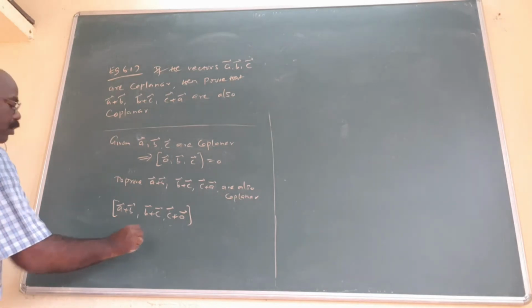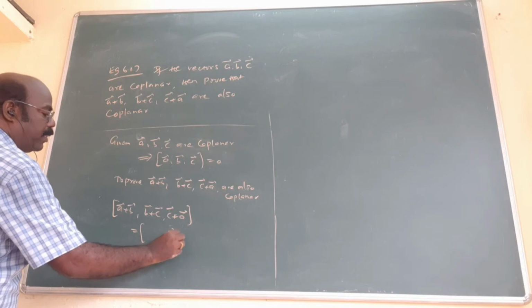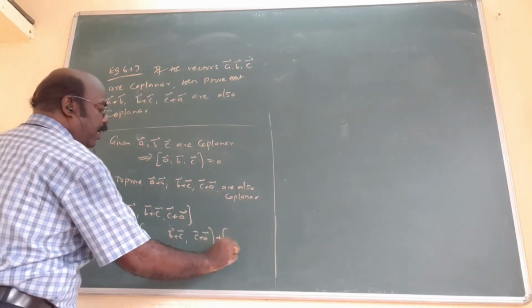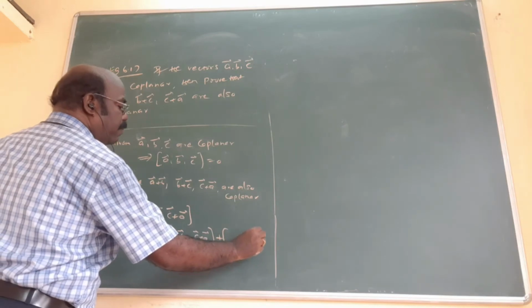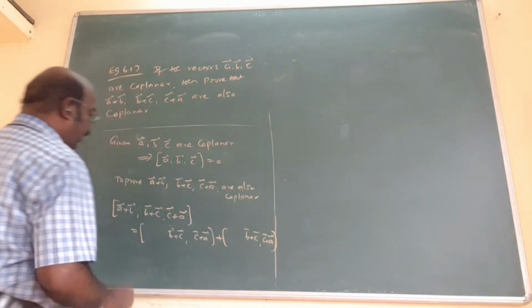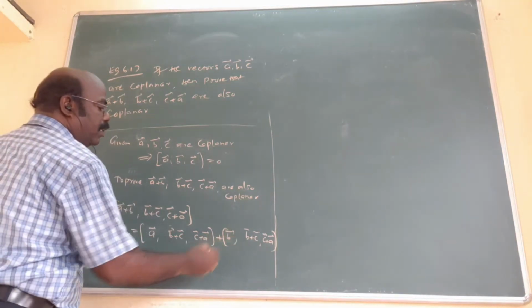Which implies, the first is what? Already told you, the B plus C, the C plus A is fixed here. Again, B plus C, C plus A is fixed here. Here A plus B, here A alone, here B. This is a property.